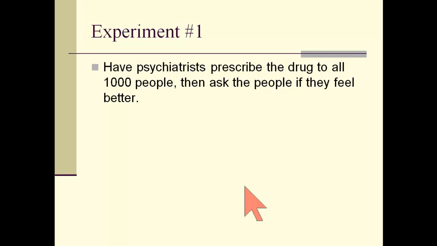Experiment number 1. Have psychiatrists prescribe the drug to all 1,000 people, then ask the people if they feel better. Is this likely to get good data or not? And if not, why not? Well, this is a bad way of conducting an experiment. Depression is a psychosomatic condition.